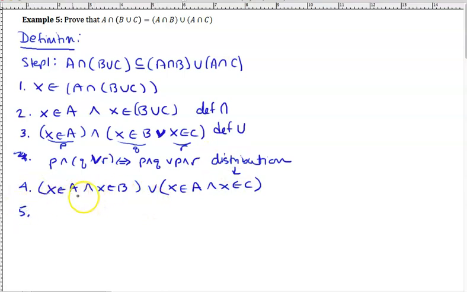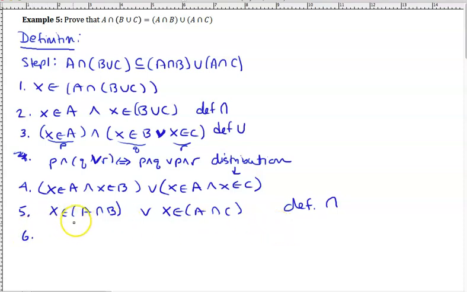Now we're going to turn things back into sets. X is in A and X is in B means X is in A intersect B, or X is in A and X is in C means X is in A intersect C. This uses the definition of intersection.